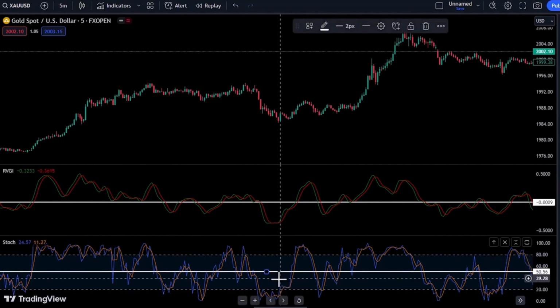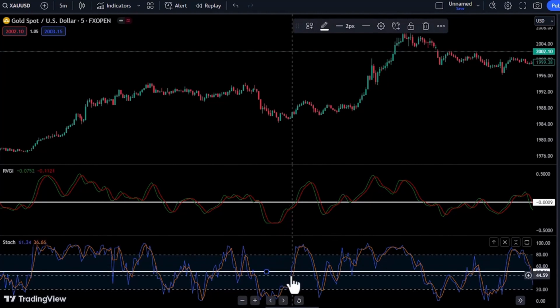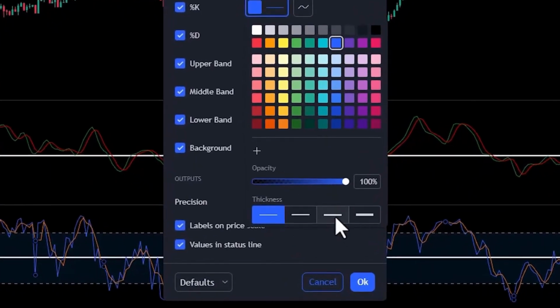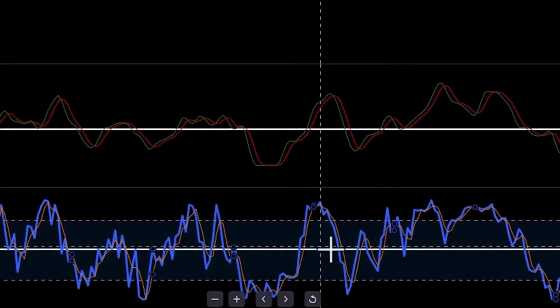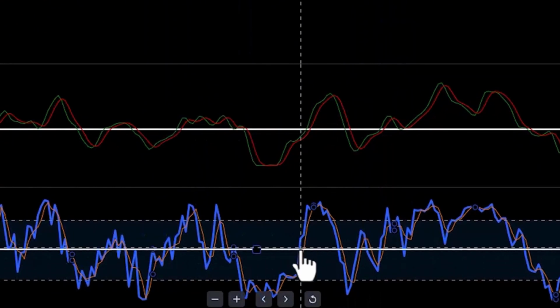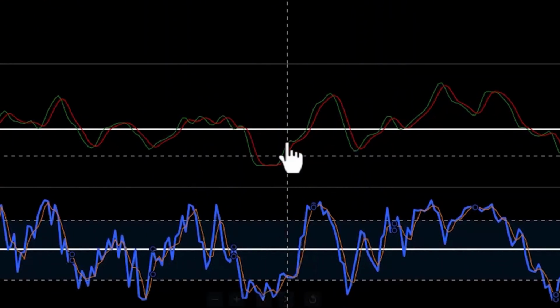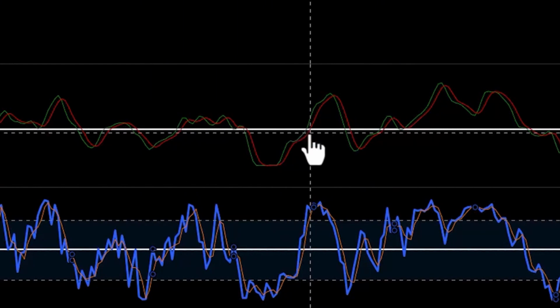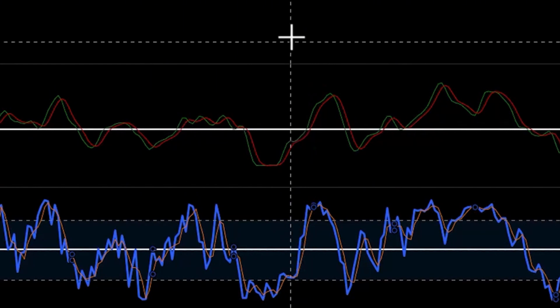And when the blue line breaks above the 50 point and the RVI line is above the signal line, it is considered a buy signal for us.